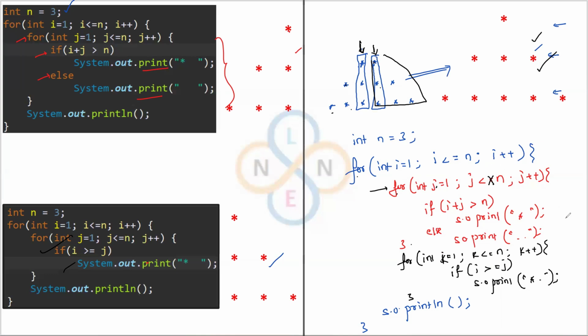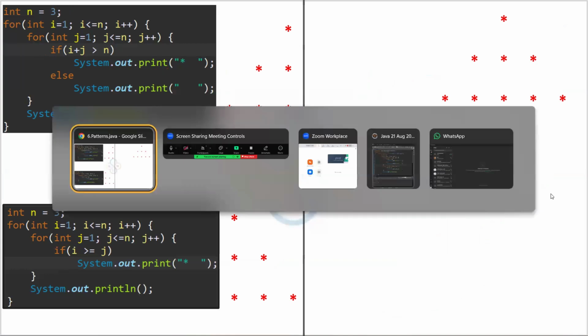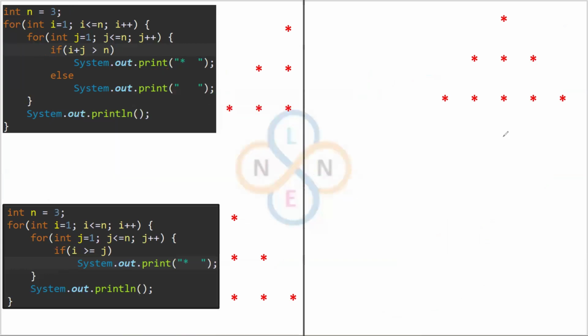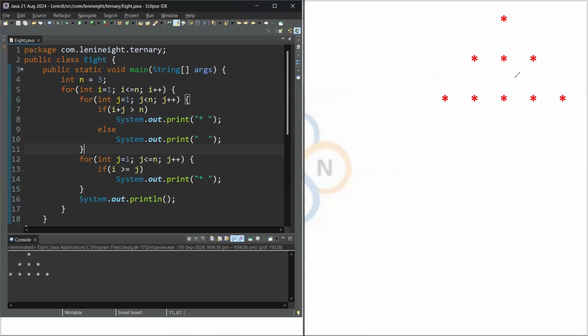For that, I'm moving back to Eclipse. Here is the same code written in Eclipse. One outer for loop runs for 3 rows, and at the end of the for loop, one println statement for the cursor to move. One inner for loop prints one triangle pattern.